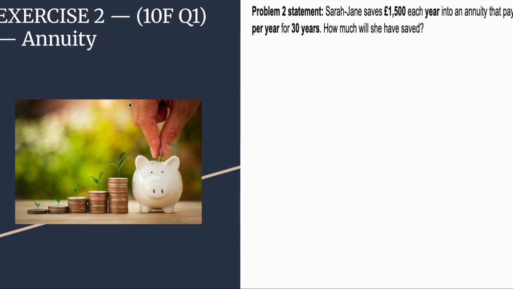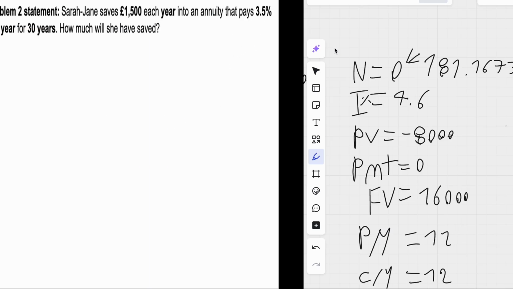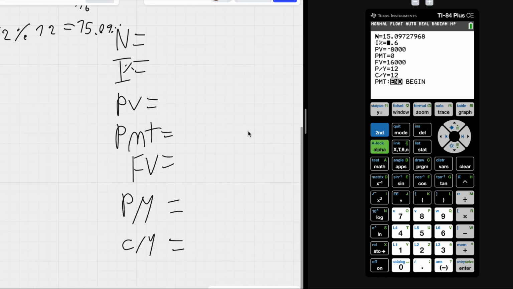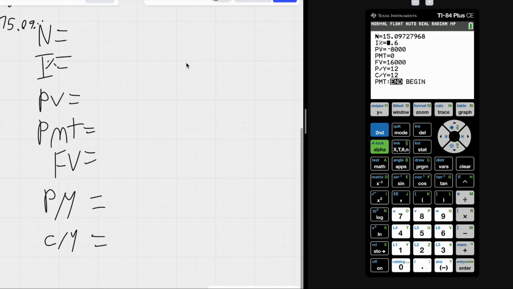The next exercise, the second statement, says Sarah Jane saves £1,500 each year into an annuity that pays 3.5% interest per year for 30 years. How much will she have saved? So let's put this in our data.